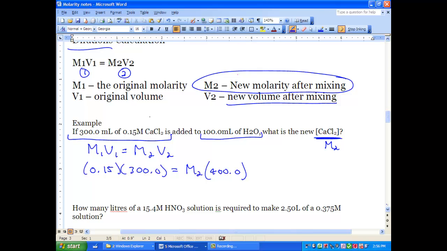So in your calculator, you're just going to simply say 0.15 times 300 divided by 400, and you're going to get a new concentration of 0.1125 molar. Again, we got to pay attention to sig figs. In this question, the least number of sig figs is 2. So the final answer is going to be 0.11 molar.